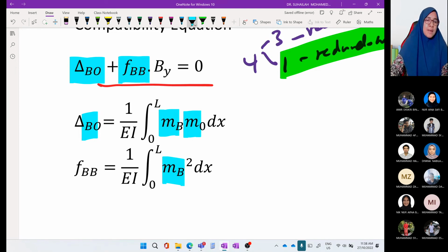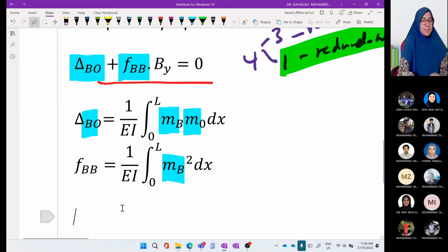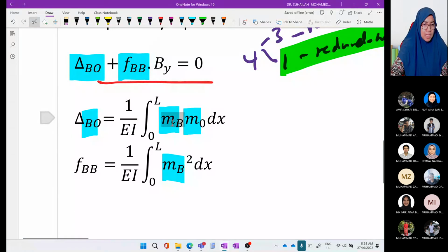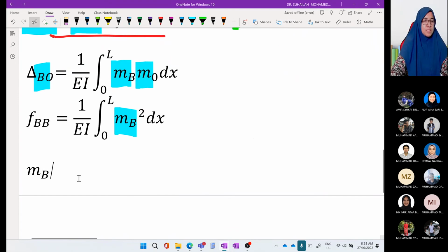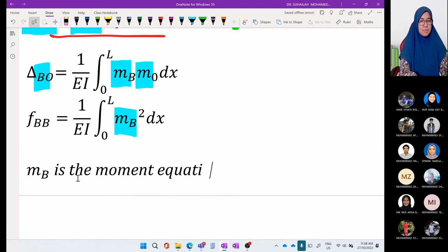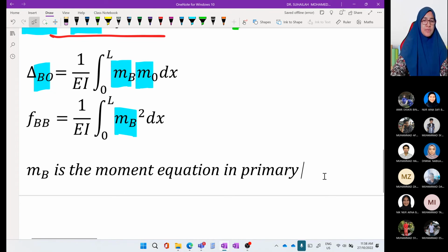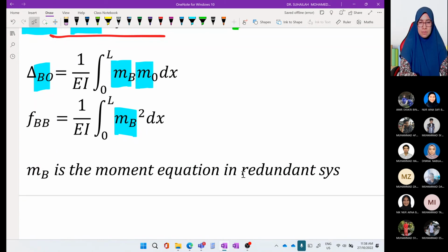So what is MB, and what is M naught? MB is the moment equation in the redundant system, not the primary.